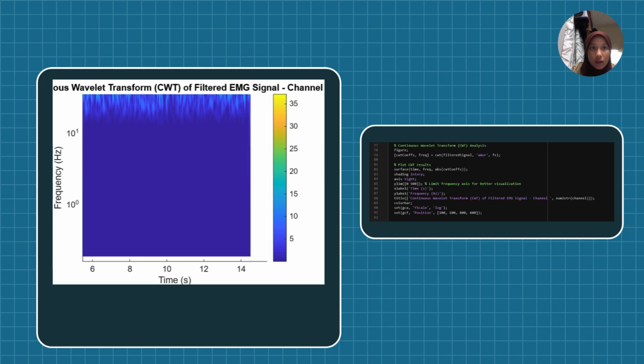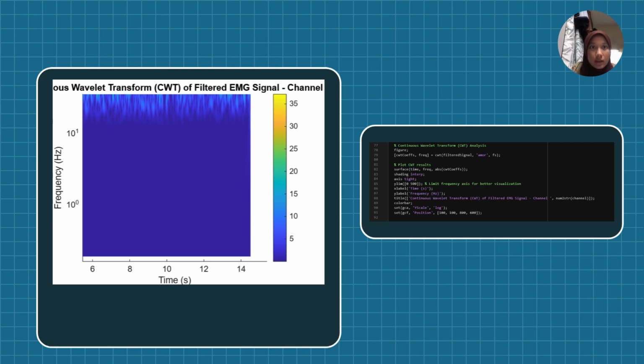The coefficients are displayed as scaleograms showing how frequency content evolves over time. And the last one is logarithmic scaling. The frequency axis is set to a logarithmic scale for better visualization. This is the script. This allows us to capture transient changes in the EMG signal with high resolution.